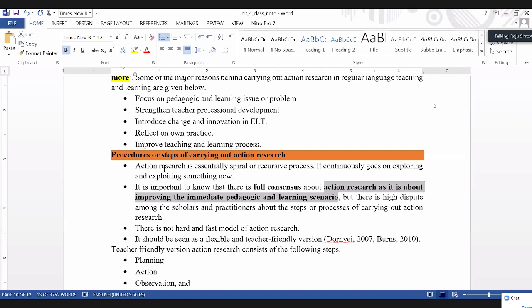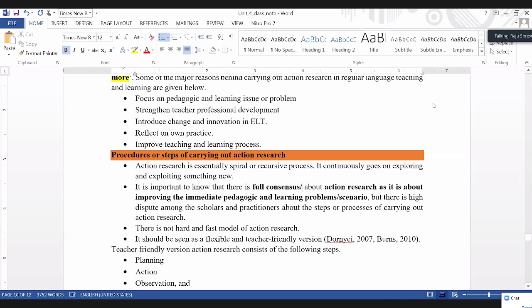On this everyone agrees. But there is a high dispute among the scholars and practitioners about the steps. Which steps to include differs from writer to writer, so there is a dispute on this. The agreement is that action research is to improve the immediate pedagogic and learning problem scenario, and no one disagrees.